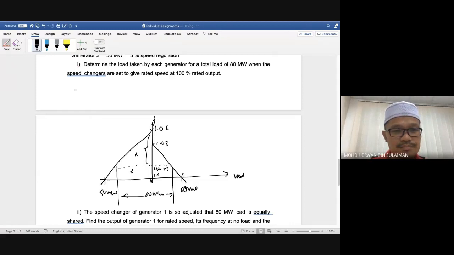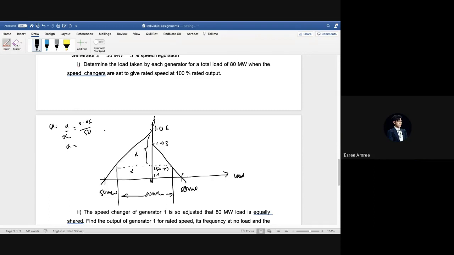Then we have for G1, for GA or G1, never mind. So alpha over x equals to 0.06 divided by 50. So your alpha equals to apa? 0.0012.